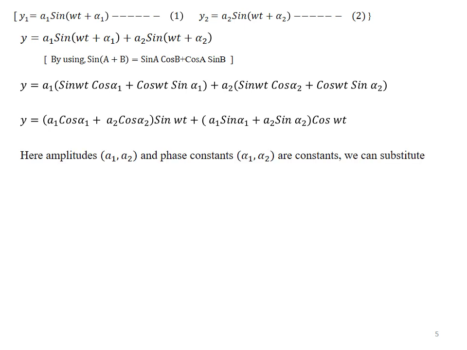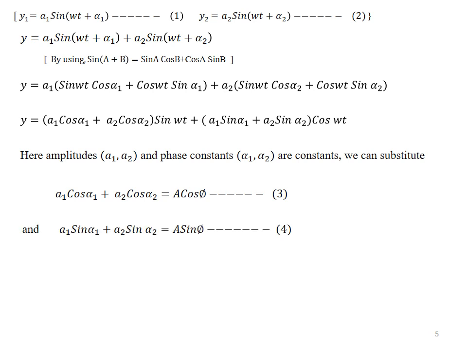Here amplitudes a1, a2 and phase constants alpha 1, alpha 2 are constant. Hence we can substitute a1 cos alpha 1 plus a2 cos alpha 2 is equal to capital A cos phi, equation 3, and a1 sin alpha 1 plus a2 sin alpha 2 is equal to capital A sin phi, equation number 4.